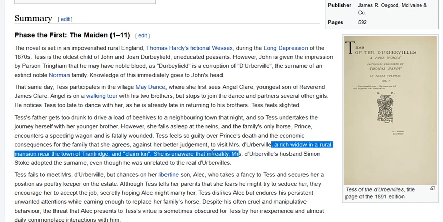in a rural mansion near the town of Trantridge and Kingsbere.